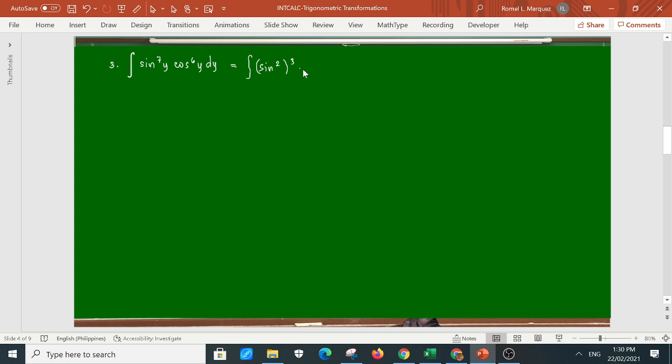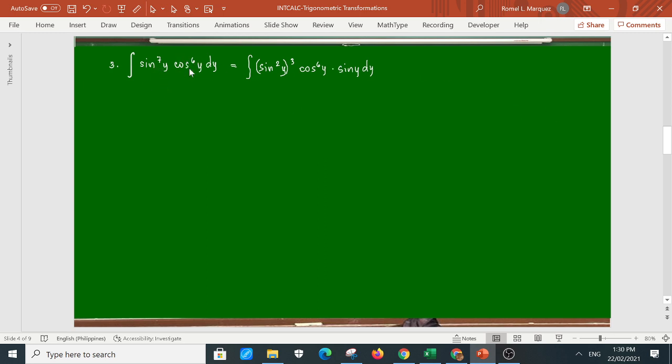So you have 1, then copy cosine to the 6th y. So this is y. This is 6 only. So the other cosine is here. This is what I'm going to transform. Okay, guys? So you can continue this. Again, you have to segregate one linear factor from the odd power of sine, or the one that has an odd power.